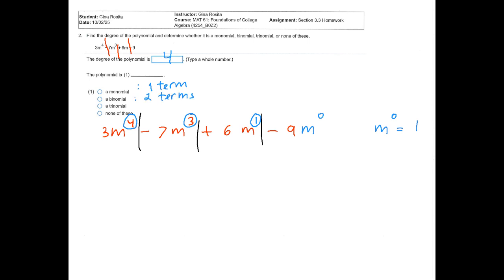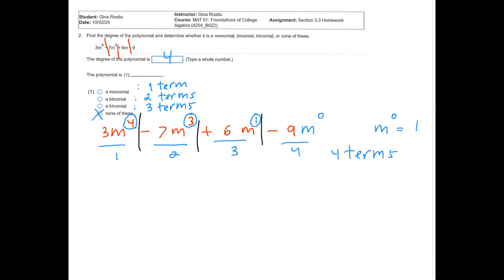How about trinomial? It has 3 terms. So now look at the problem again. How many terms do they have? This is 1, this is 2, this is 3, and this is 4. So we have 4 terms. So which one do you choose? None of these. Ready, follow?